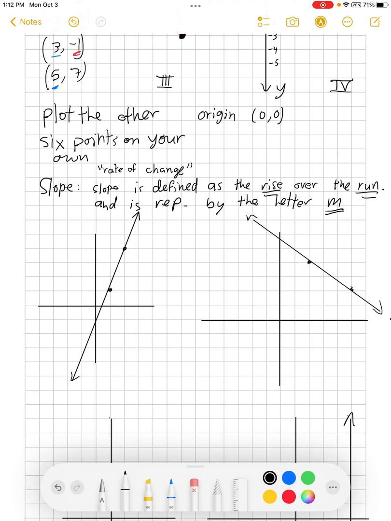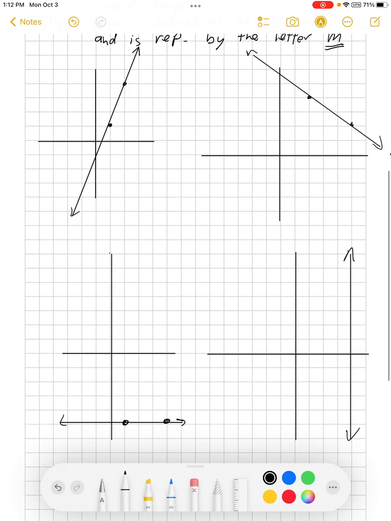Now you'll notice my lines kind of look like the lines on your paper, but they're not the exact same because I'm not working off of your notes. So we'll start here at this first line. You'll notice that we have a line with 2 defined points on it, okay? We first need to figure out the rise. How much do you have to go up to go from one point to the other?